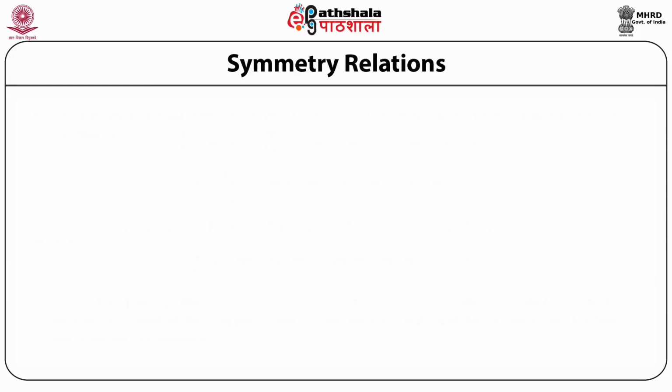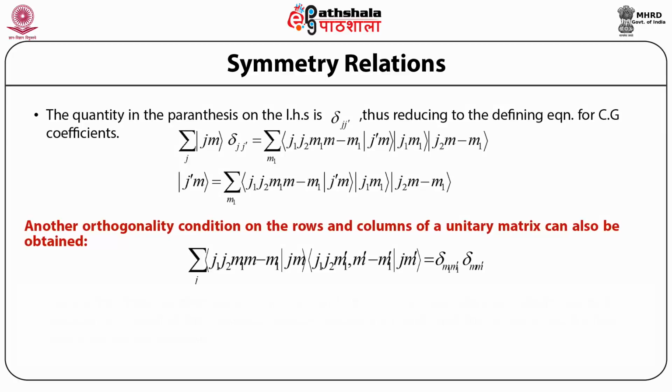Symmetry relations. Now, if we look at the quantity within the bracket on the left hand side, we realize that it is simply the delta operator delta J J prime, and thus the equation reduces to the defining equation for the Clebsch-Gordan coefficients.